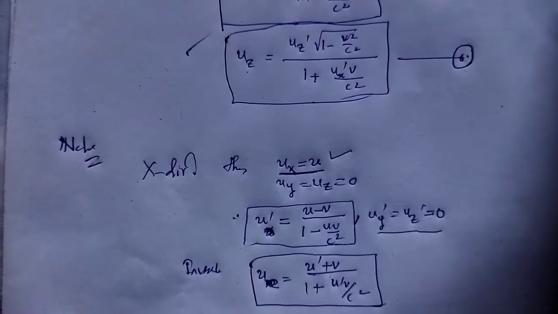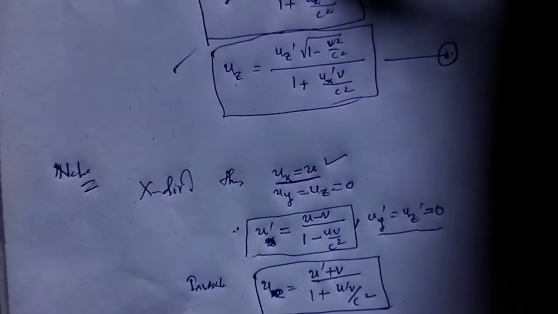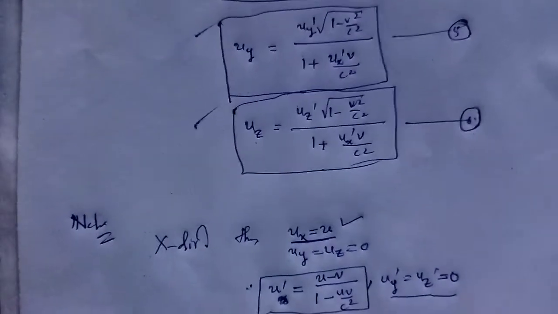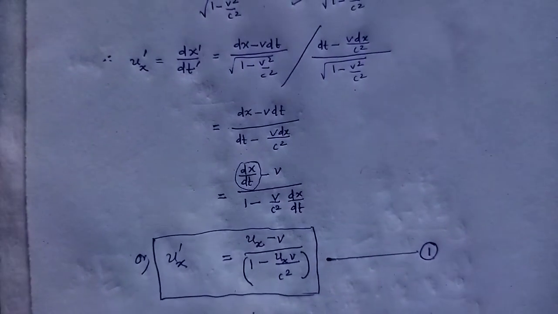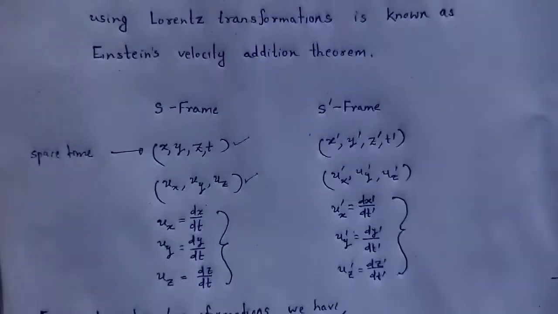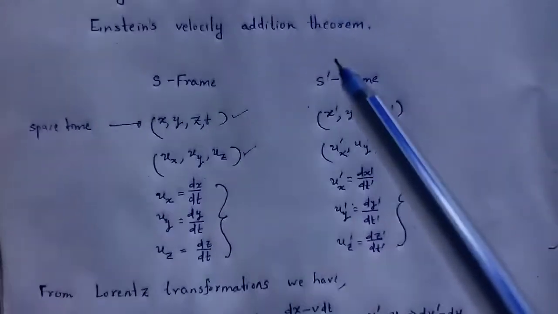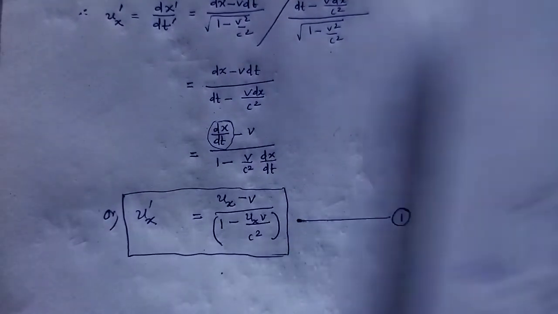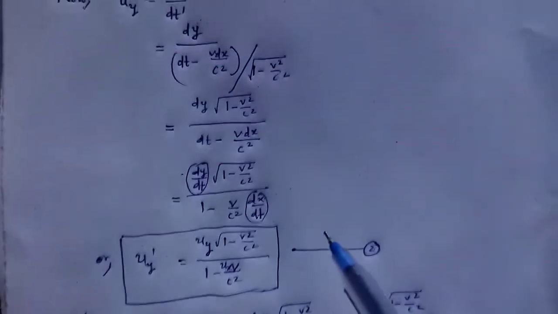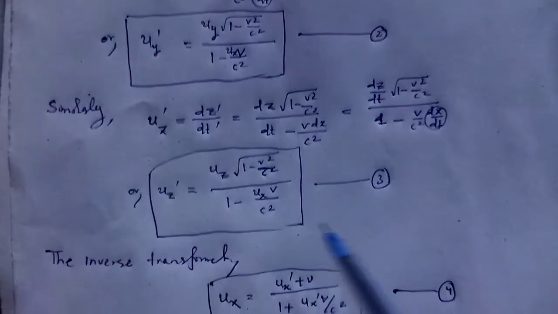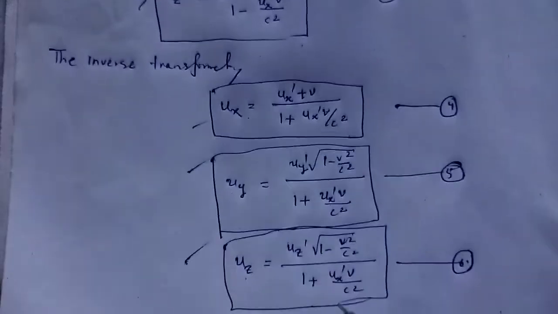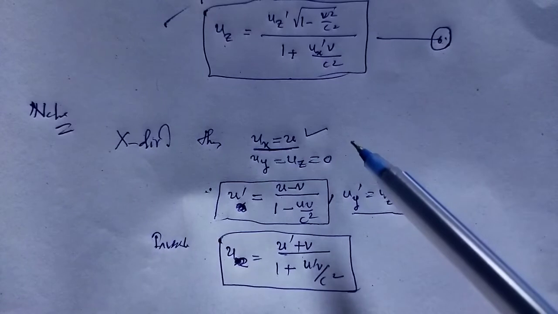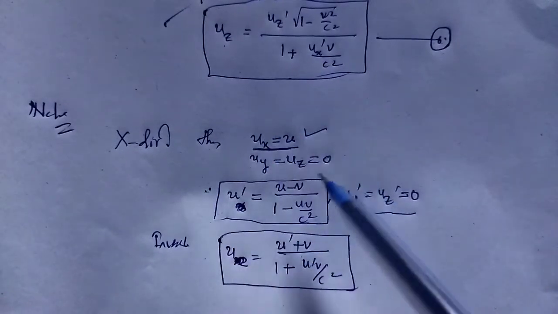This is all about how the velocities are written in terms of relativistic relations. We proceed. This is ux dash, uy dash, uz dash and its inverse transformations and a typical condition considering motion along the x direction.